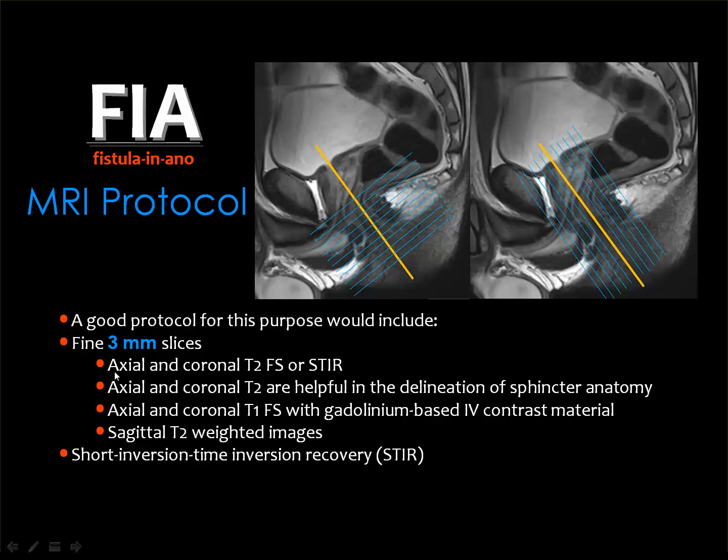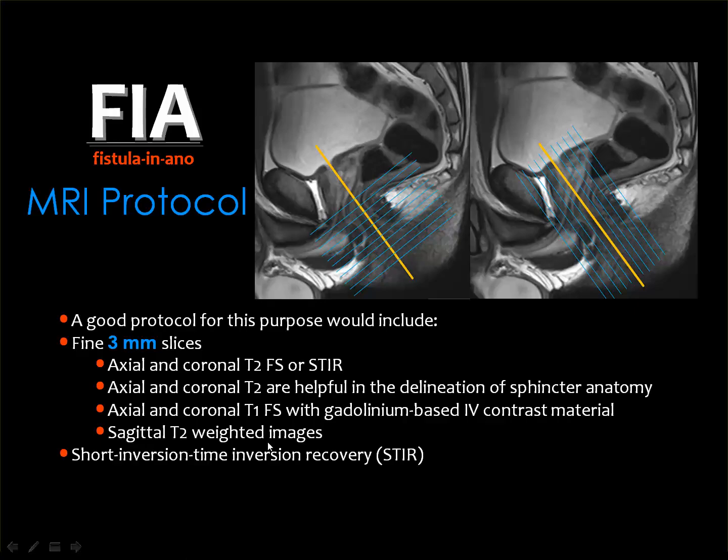And we should have 3 millimeter slices, and we should have the axial, sagittal, and the coronal T2 weighted images. Then we have axial and coronal T2 with fat suppression. Then we have axial and coronal T1 fat suppression after injection of contrast, and you should have the sagittal T2.